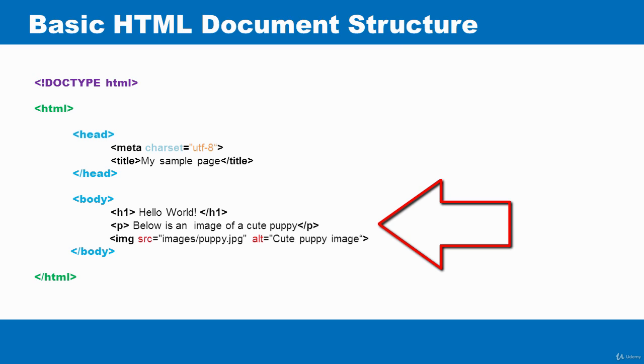So the text will advise visitors that there was an image here of maybe a cute puppy or whatever. You have to give a descriptive text that will show up if anything happens to the image, for example, if the image is moved or not positioned properly, or for some reason it doesn't display, then the alternate text gets displayed instead.